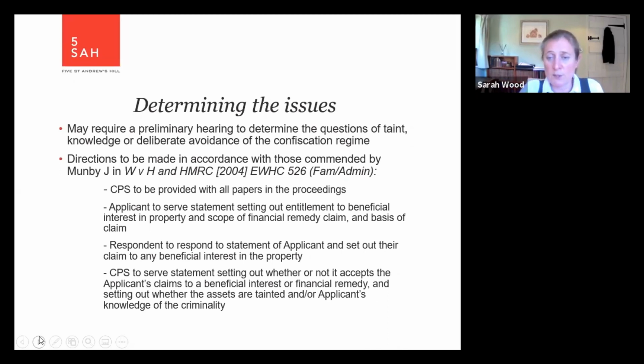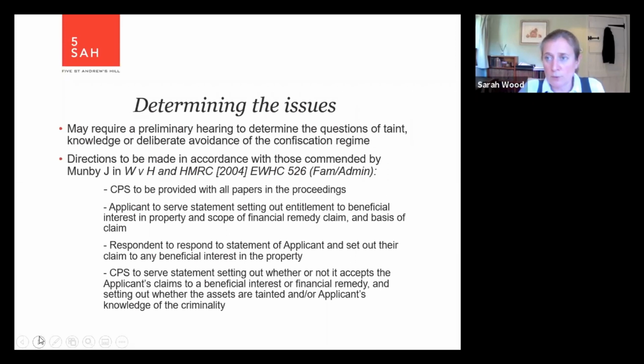The respondent is then to respond, and then, notably and significantly, the CPS are to serve a statement setting out what its case is. It should set out whether or not it accepts the applicant's claim. And again, coming back to the case law that we've looked at, it should set out whether, in its view, by reference to evidence, the assets are tainted, and whether the applicant knew of the underlying criminality.